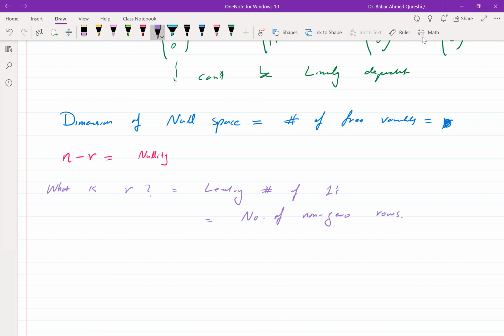Because at each point, you slide by one or more than one. So if you collect all the leading ones, the rest you will have to adjust by having completely zero rows. So this is equal to the number of non-zero rows. At the beginning of the class we said that this would be equal to the rank of A.